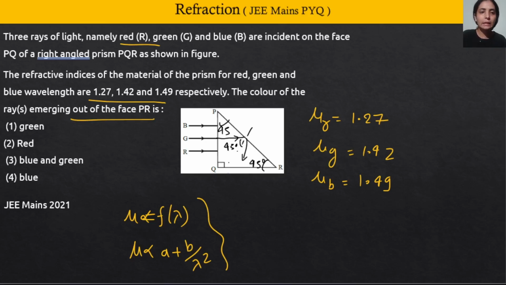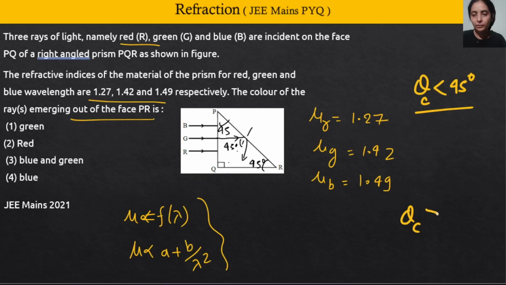For which the critical angle theta c will be less than 45 degrees. If theta c is less than 45 degrees, then light will get totally internally reflected. And who will come out? The one whose critical angle is greater than 45. So theta c will be greater than 45 degrees for light to come out.